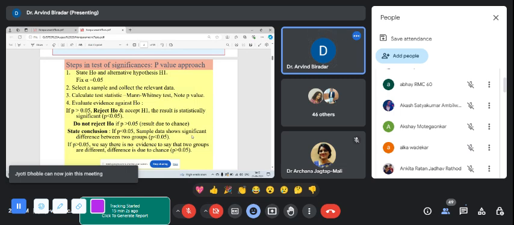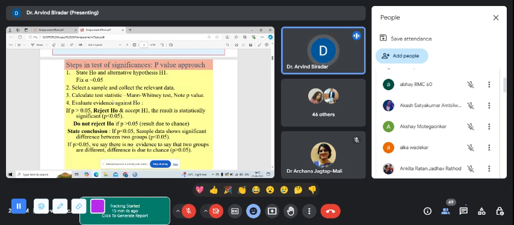Now, the third step is the test statistic. Define the test statistic based on the second step and the objectives.